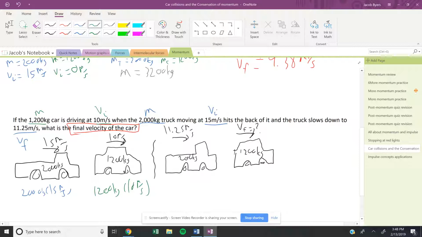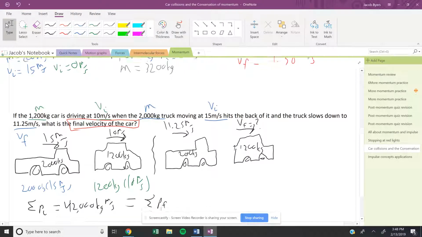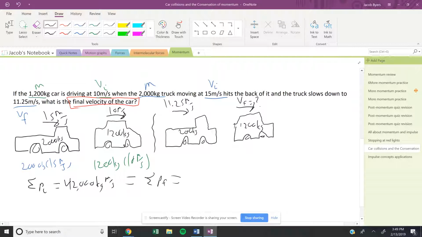Okay, so our sum here is equal to 30,000 again, but this time we've got the 12,000 from the car, equal to 42,000 kilograms meters per second, which must also equal the sum of our final momentum. We're able to get the final momentum of the truck, and we just have to solve for the momentum of the car.